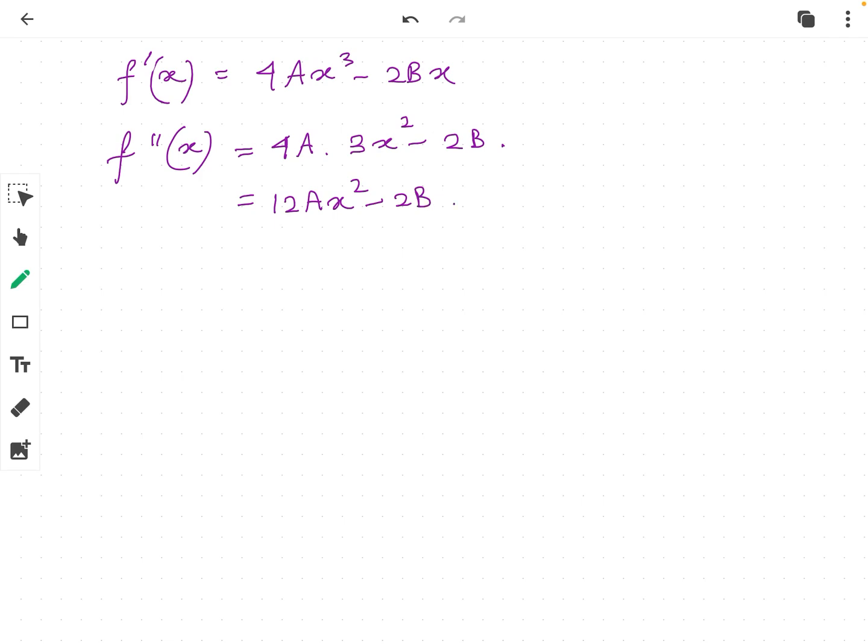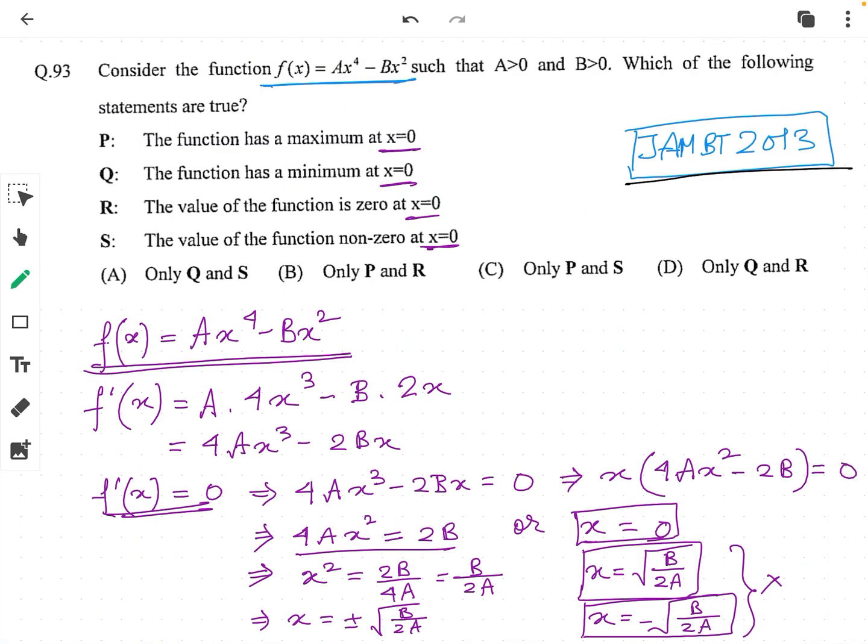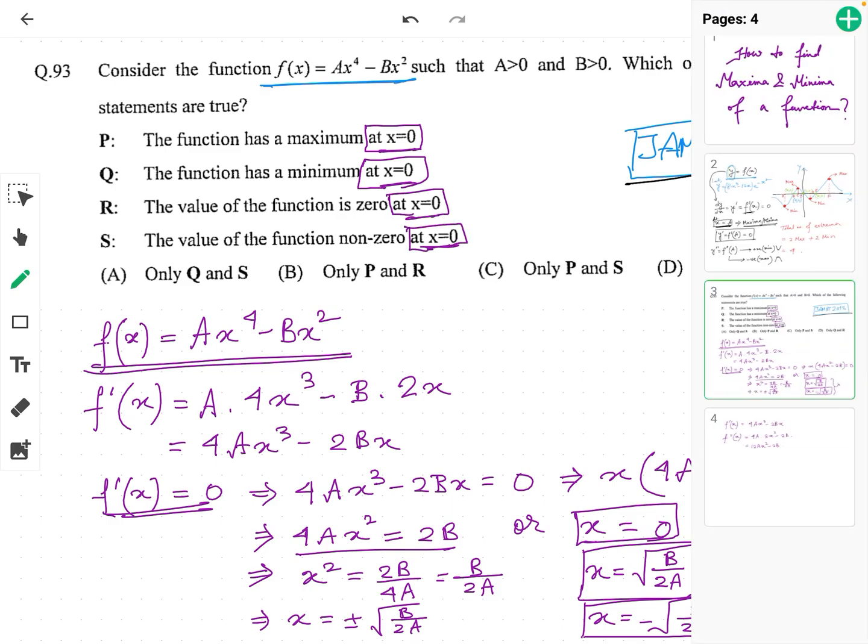Now we need to put the value of x, that is x equals 0, because we need to find if the function is maxima, minima or 0 at x equals 0.